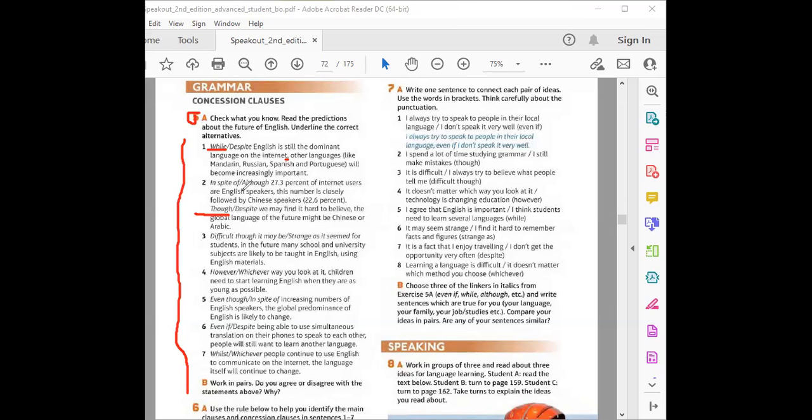But the first one is although, and we will study why it's not in spite of. So although 27.3% of the internet users are English speakers, this number is closely followed by Chinese speakers, though we might find it hard to believe the global language of the future might be Chinese or Arabic.